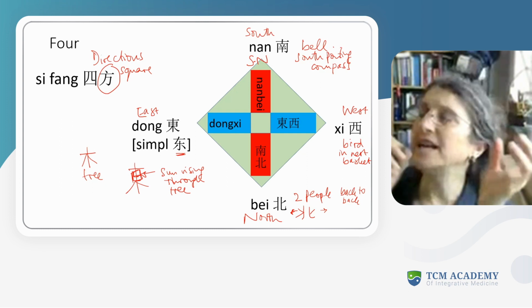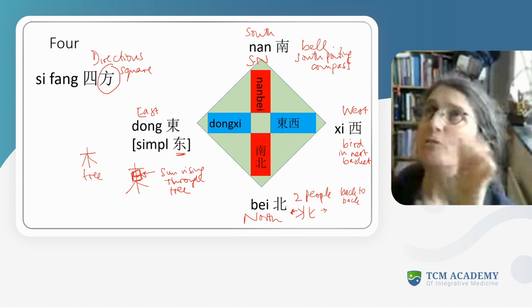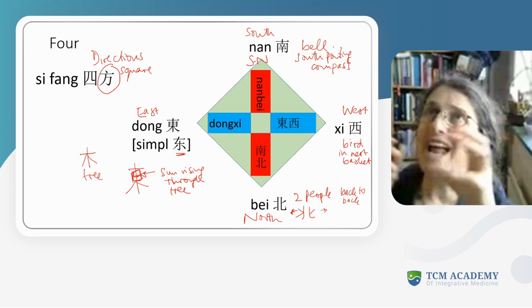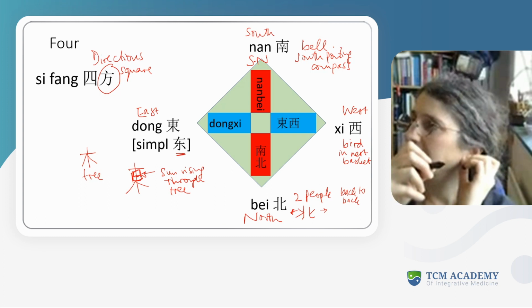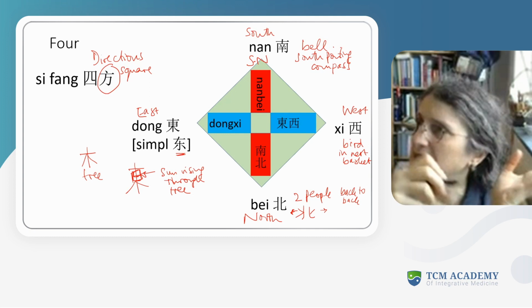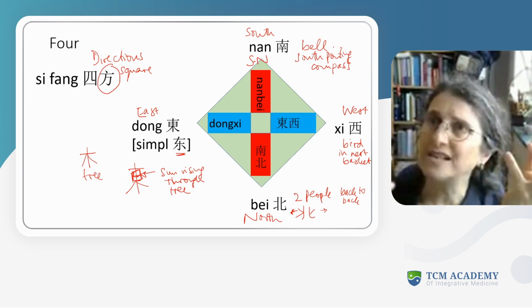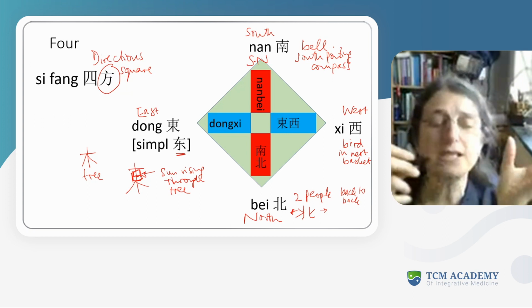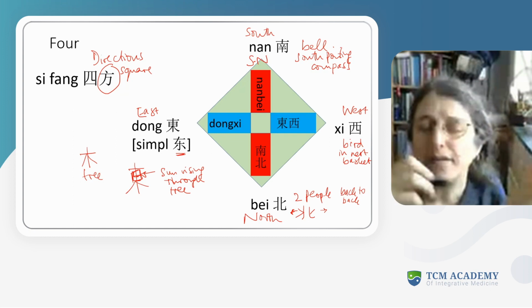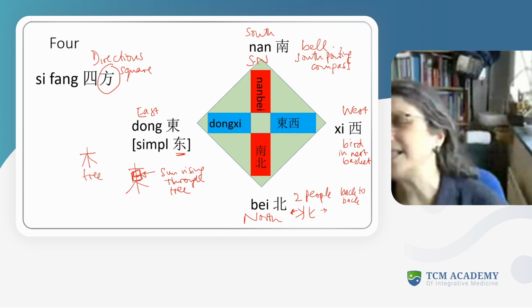Actually there were 10 suns, fiery red circular things that rise in the east, and the sun is like a bird. It's coming from the mulberry tree, which has got red things in it. Mulberry fruit is red. It's rising in the east through the mulberry tree, and then it's going across the sky, and then it's descending in the west.